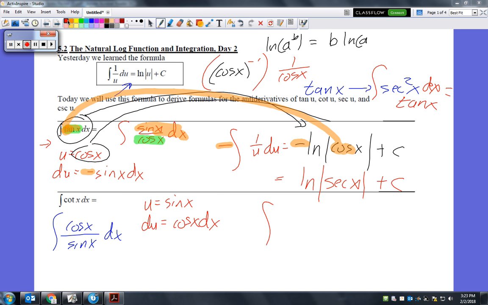So my integral is going to be what? 1 over u du, right? No negative to worry about. And we know this, the natural log of the absolute value of u, and you would get the natural log of the absolute value of sine x for cotangent.